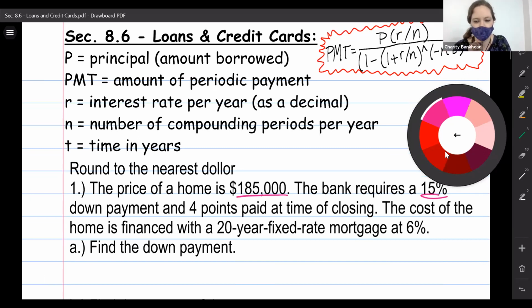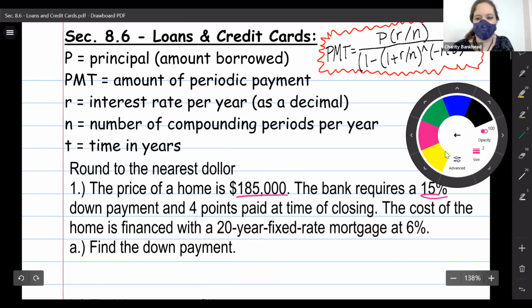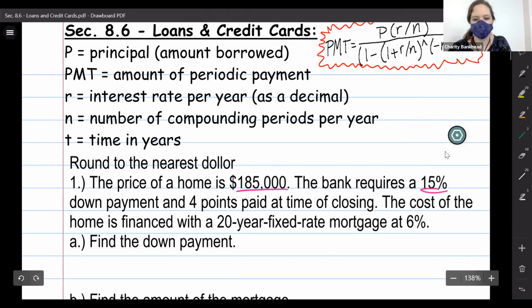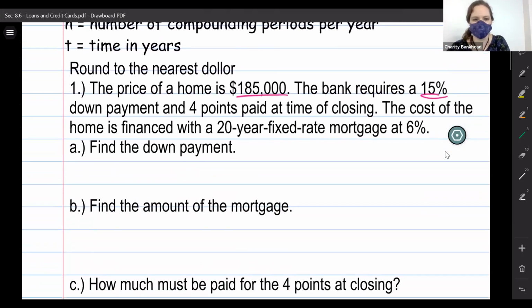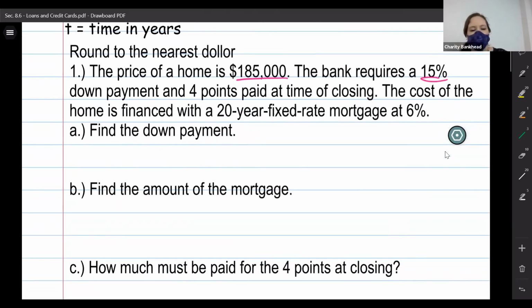So that's not a formula. That's just finding the 15% of the total cost. So just multiply 185,000 times 0.15.